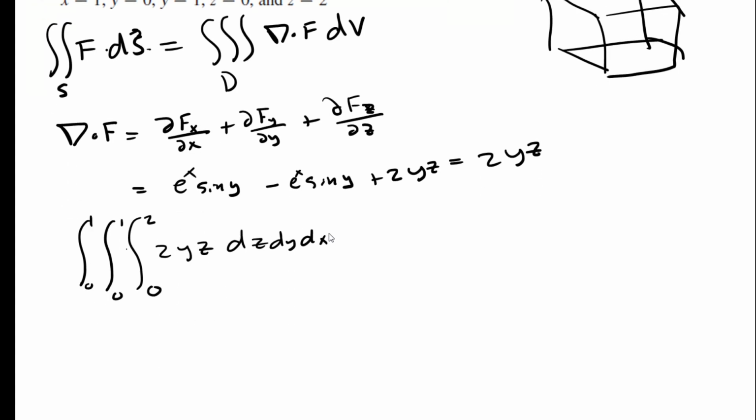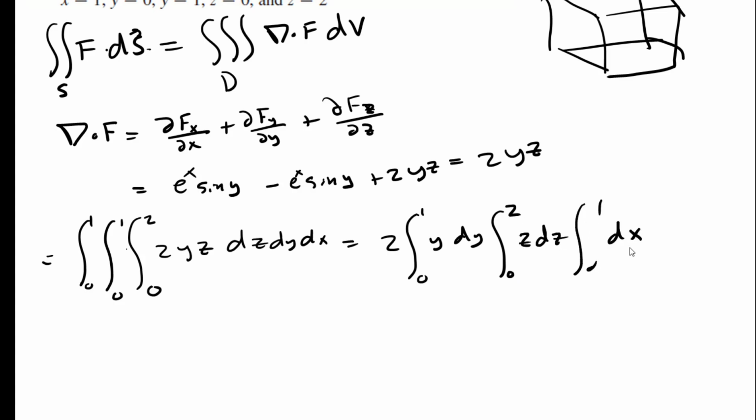So this is separable. I can write this as 2 times the integral from 0 to 1 of y, times the integral from 0 to 2 of z, times the integral from 0 to 1 of dx. That gives me 2 times y squared over 2 from 0 to 1, z squared over 2 from 0 to 2, and then that's just going to be 1.